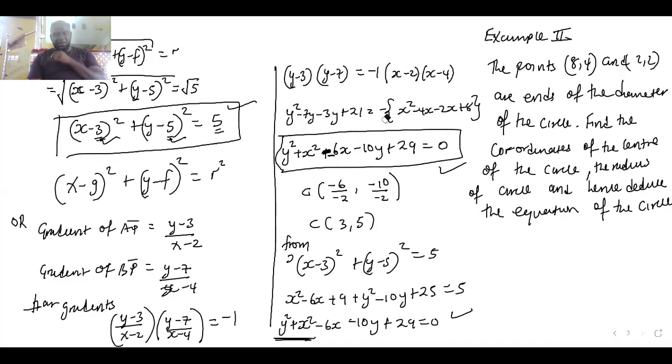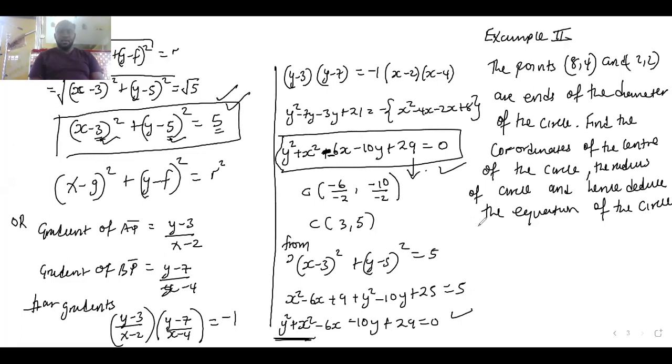The reason why we expand is that sometimes we need the expansion to get us other items. But if there were no other items asked for, you can stop at this box where I have the tick here. But if there are other items needed, you need to expand as far as here.